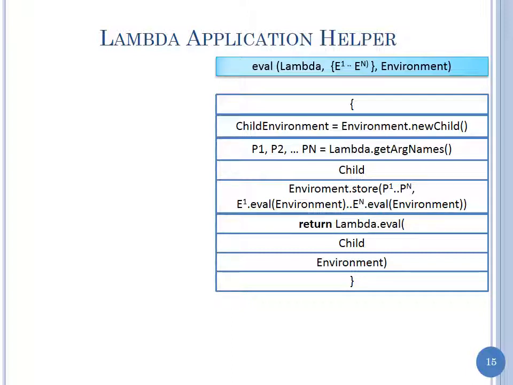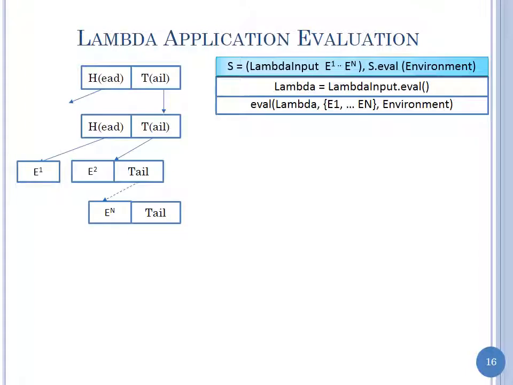It creates the child environment, and uses that child environment in the evaluation of the body of the lambda. So it does all the good things that the original one did. And now my lambda application just evaluates the lambda, and passes that lambda and its arguments and its environment to this helper function, and we essentially get the same effect.